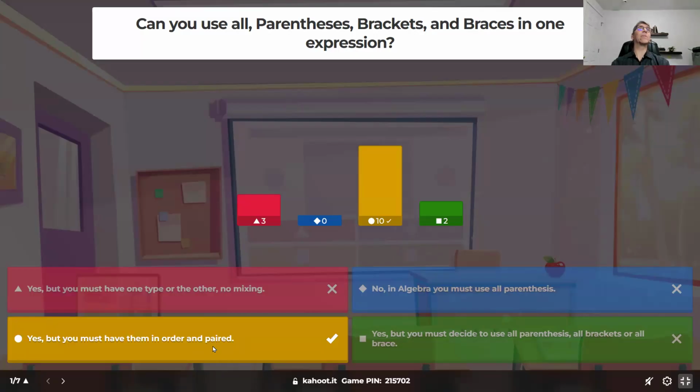Caleb, question, comment? So it just isn't letting me click on the answer. I was trying to select the yellow one, but it wasn't letting me click on the answer. So remember that in Kahoot you have one screen, the Zoom screen where you see the question, and then another one where you just see the little squares.